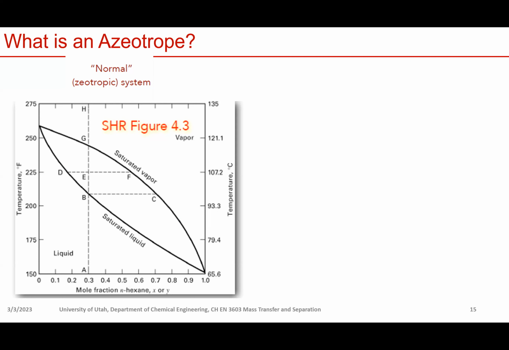If you start from a high boiling temperature component, then both of these lines will decrease as you increase the mole fraction of the lower boiling point component.